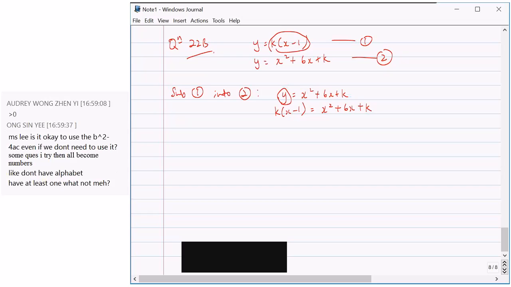Not always is numbers. Can you attach a file and show me what you mean by that? Can you take a picture and send the attachment here? I'll take a look at what you're talking about because I don't get what you're saying.